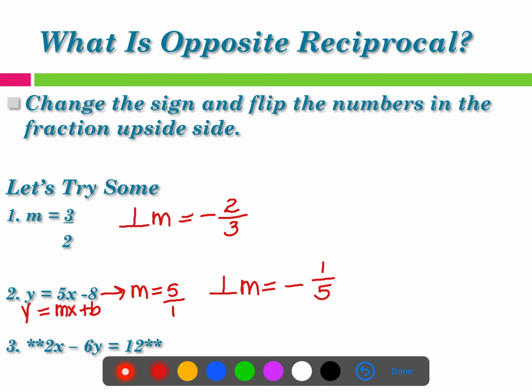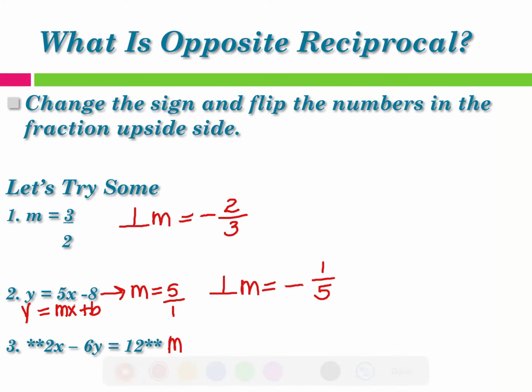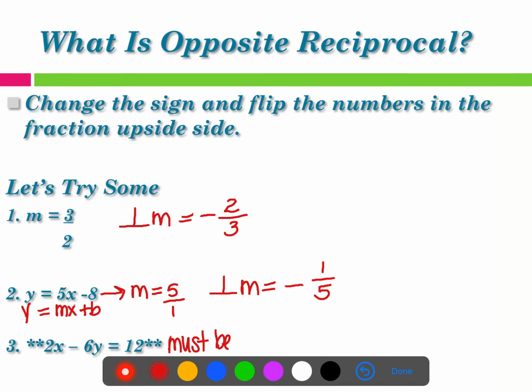Now in the third line, I cannot determine the slope if it's not in y equals mx plus b. So I'm going to take that equation and solve for y. I know how to do that, we've been doing it for a while now.